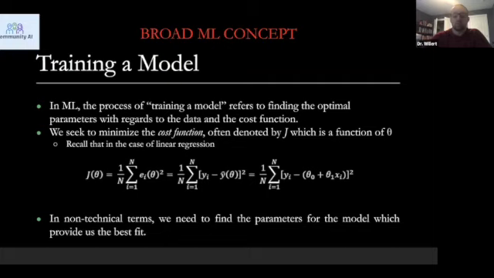If we expand that a little bit, that's the observed y value minus our predicted y value, squared. And if we want to be really explicit, it's the observed y value minus this linear term theta0 plus theta1 xi. So again, in non-technical terms, we need to find the parameters for the model which provide us the best fit.